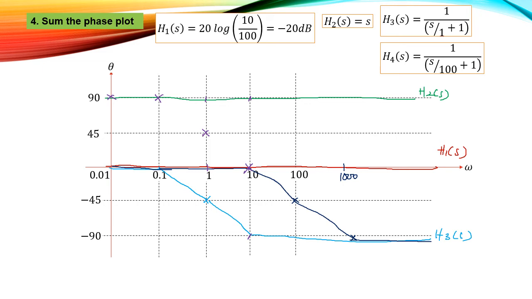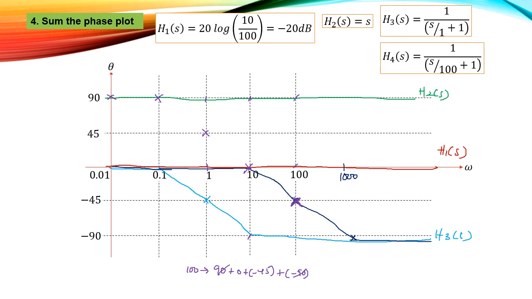And then at 100, it's 90 degree plus 0 is 90, minus 45 is 45, and then minus 90, it's minus 45. Okay, look again at 100, it's 90 degree, plus 0, plus minus 45, plus minus 90. So here, it's minus 45.